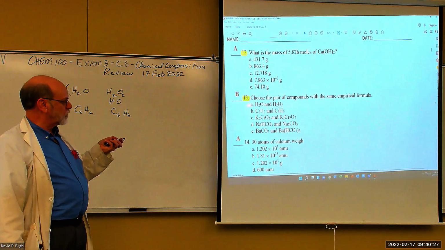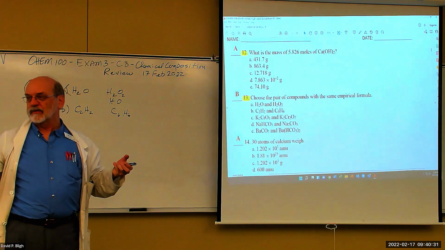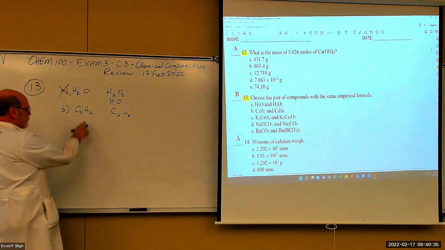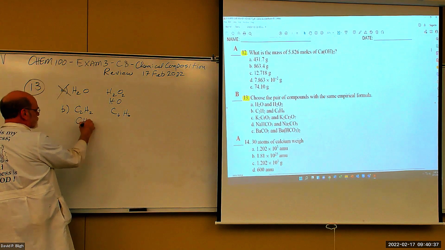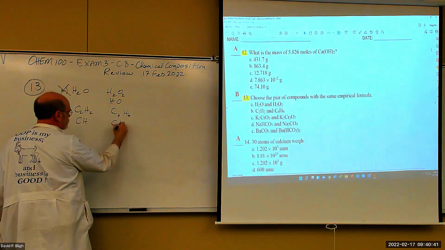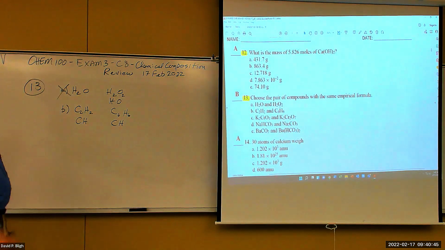If you start at the top, work your way down. When you find the answer, you can stop. You don't have to go any further. So the empirical formula for this one is CH, right? Divide by 2. And the empirical formula for this one is CH, divide by 6. There you go. B is your answer. We don't even have to look at the rest of them.